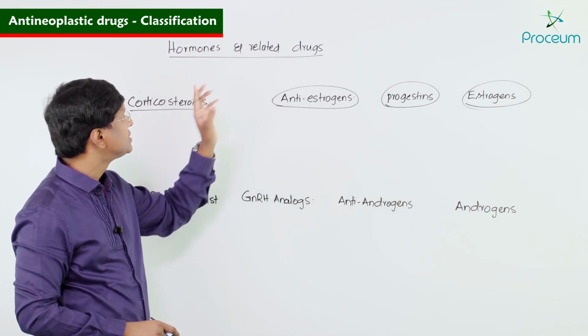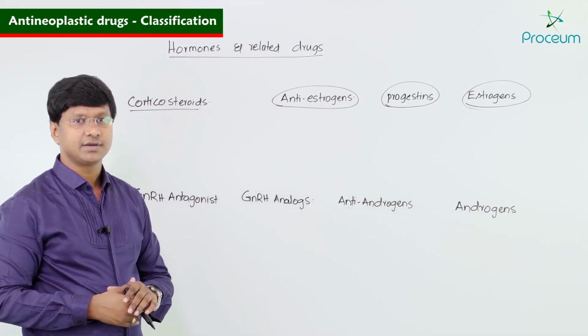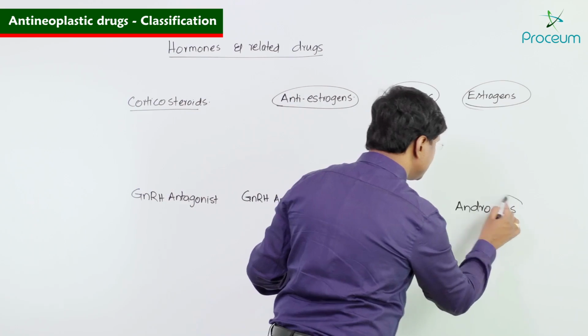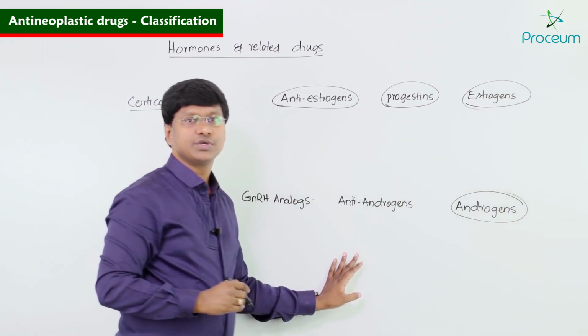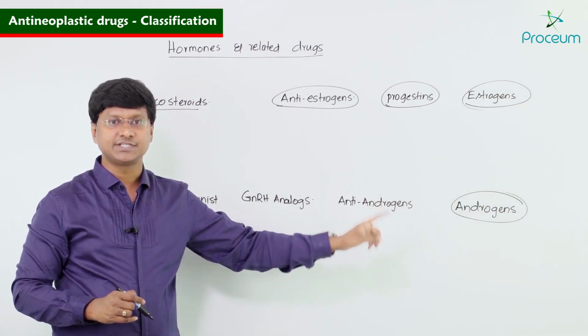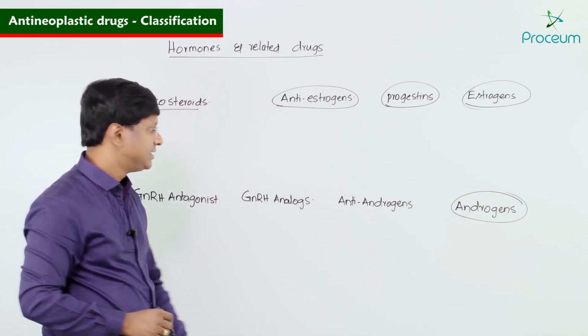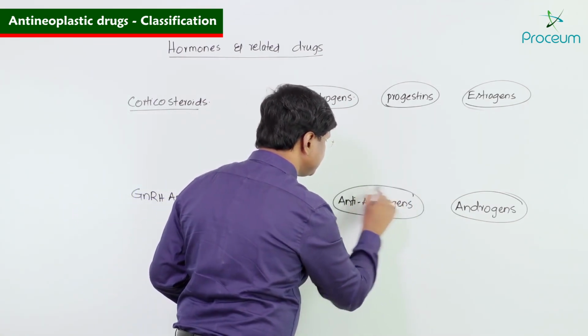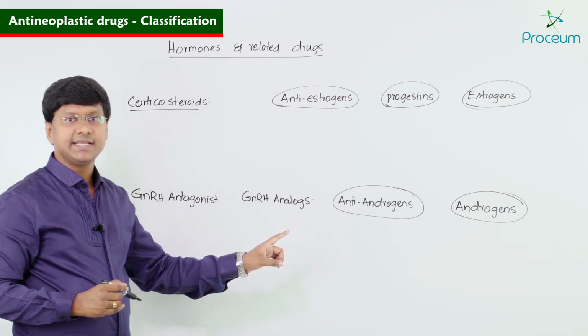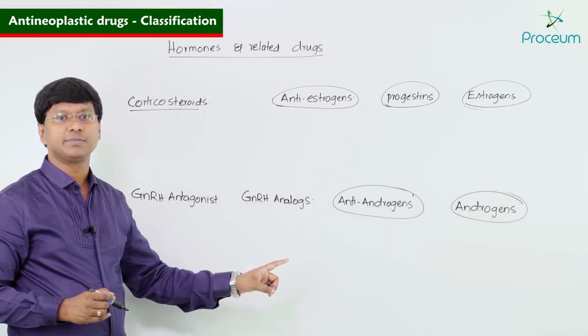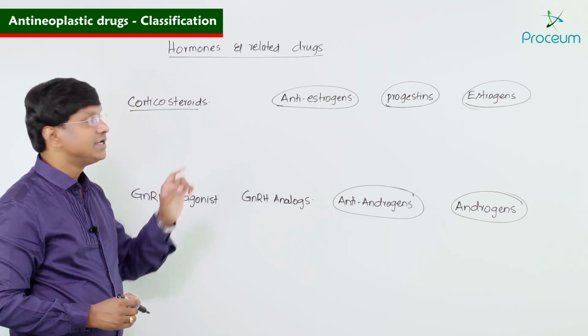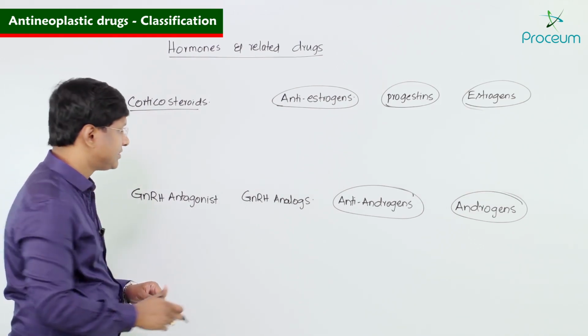They are the estrogens which are your antineoplastic drugs. Next, you take the androgens. It is mainly testosterone which is an androgen. Next, you take the anti-androgens. The anti-androgens include flutamide. Flutamide is the anti-androgen which is acting as an antineoplastic drug.